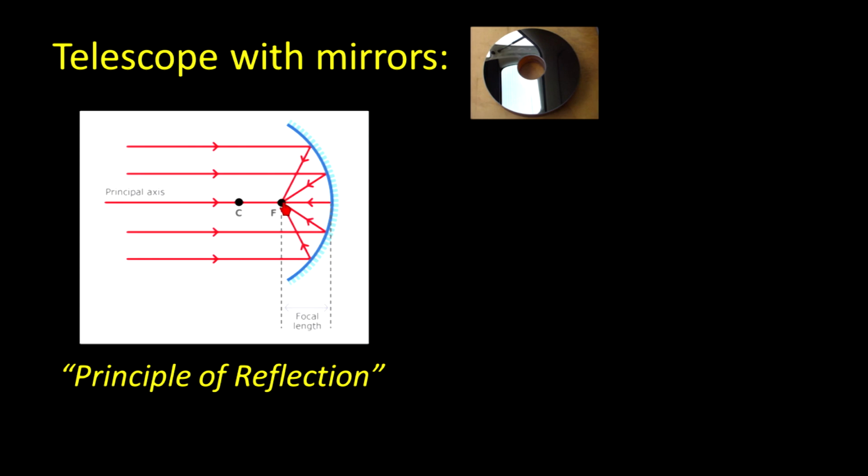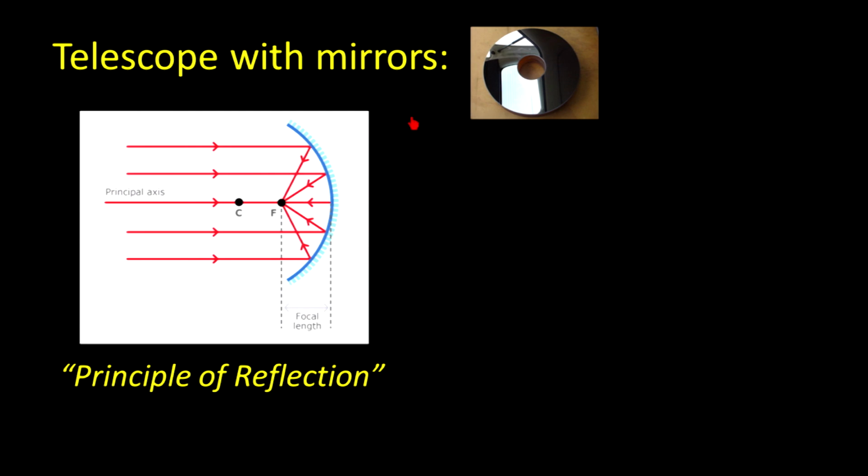So a mirror can do the same thing that a lens can do. The big advantage is, notice that the mirror can be very thin, and so you can build a very large mirror made out of glass and not have it weigh an enormous amount. The other thing is that mirrors do not suffer from chromatic aberration. The reflecting property of a mirror does not depend on wavelength, so you don't get that color distortion.